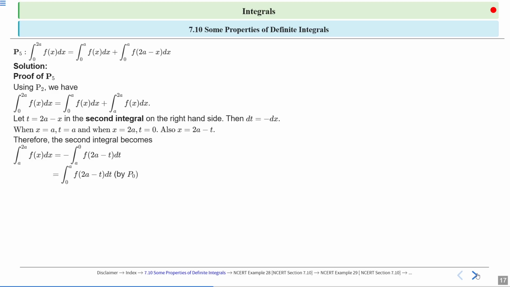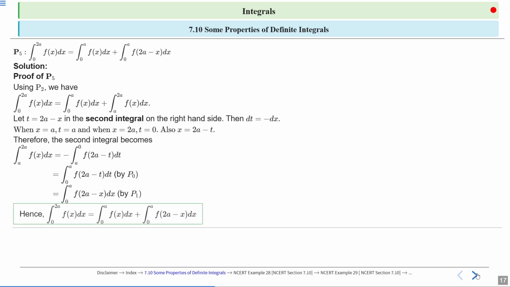So at first we apply property P0, and we get the integral from 0 to a of f(2a minus t) dt. We reverse the limits, so the negative sign and negative become positive, and then change the variable, we get the integral from 0 to a of f(2a minus x) dx.